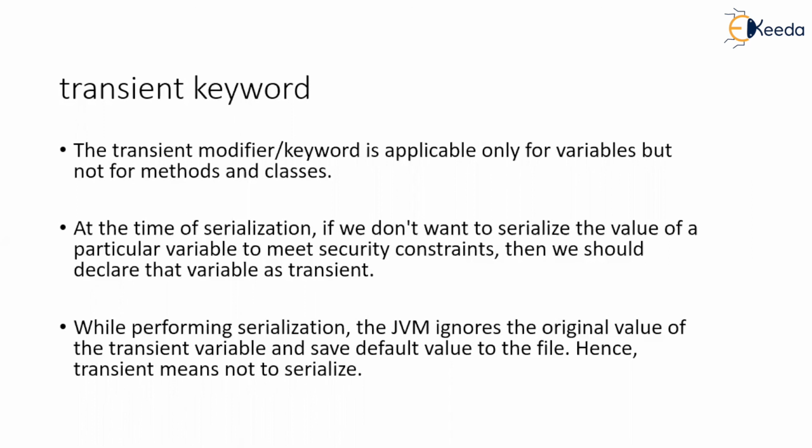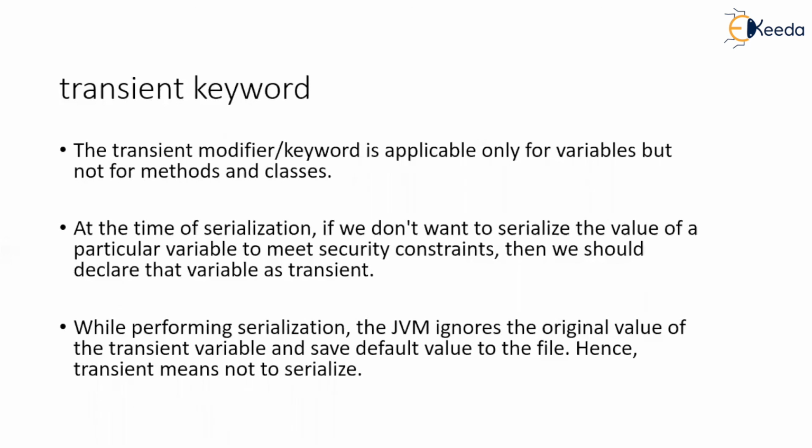Means what? Whenever I'm creating a class, I'm specifying instance data members. These instance data members represent the state of an object. So out of certain variables, suppose one or two variables I don't want to persist. They are instance data members, however, they are not persisted.